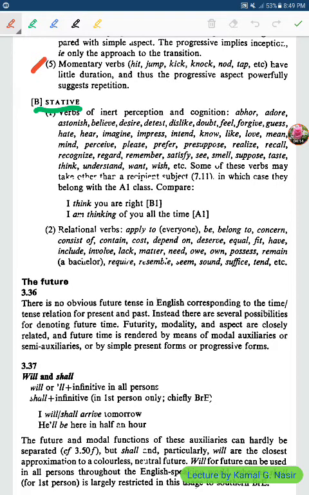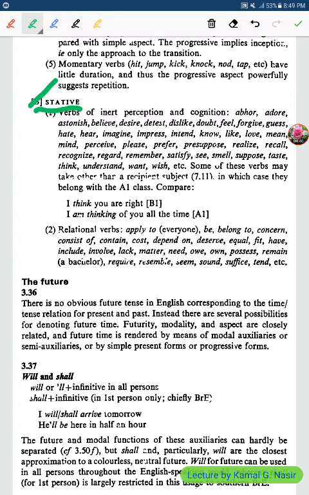Other verbs also are momentary verbs, for example, hit, jump, kick, knock, etc. These are the different verbs and their meanings which can be used in dynamic form.